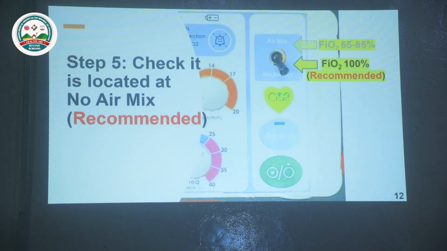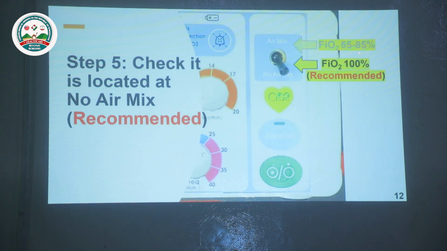But I would like to point out one thing: if you use this ventilator at high altitude, there is low barometric pressure or a low partial pressure of oxygen. So if you use this ventilator at high altitude or in a helicopter and shift to the air mix position, sometimes this FiO2 could be lower than 55%.